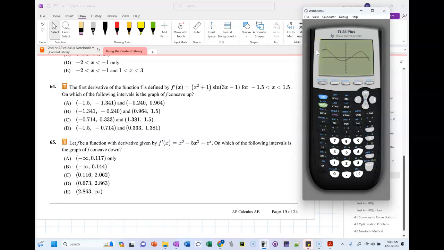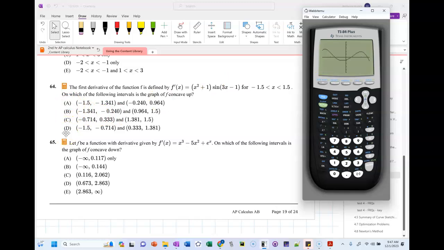Okay. So if I look at this, I see that f prime is increasing on this little section here from negative 1.5 to whatever that is, and then increasing on this section from negative whatever to positive whatever here, right? So immediately I know it's going to be either A or D, correct?